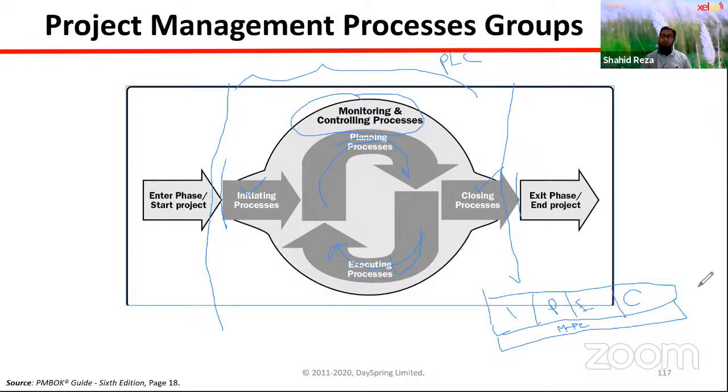Benefit review plan means that, as we discussed in the last 2 classes, we start or initiate a project to create business value. So this document identifies what benefits or value we are going to generate or get from this project.